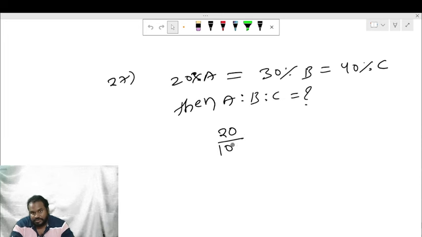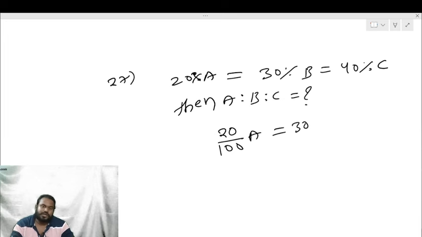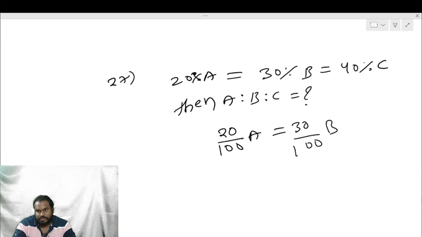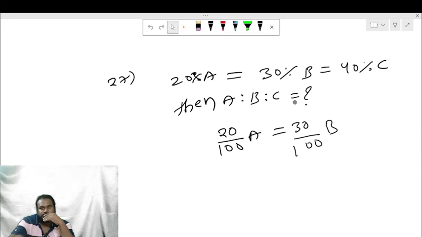20% of A means 20 by 100 into A is equal to 30 by 100 into B is equal to 40 by 100 into C. So the 100s can get cancelled and the 0s will get cancelled.